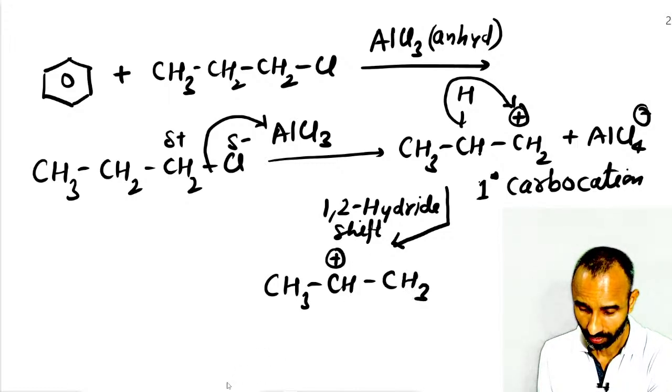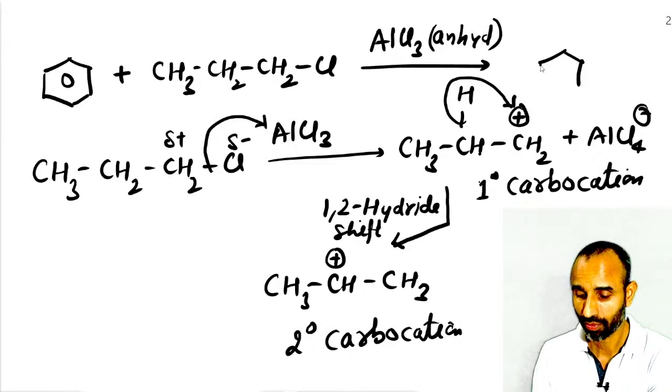This is a secondary carbocation, or we can say isopropyl carbocation, and that's why the major product formed is isopropyl benzene.